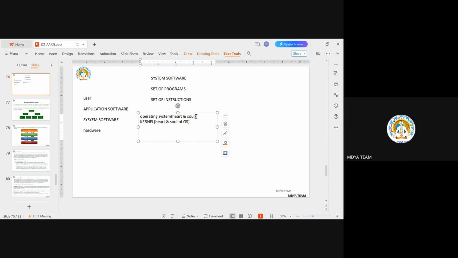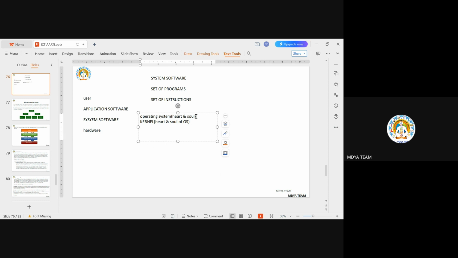Next, every hardware device that we connect to a PC or laptop, like mouse, keyboard, printer, scanner, has some device driver.